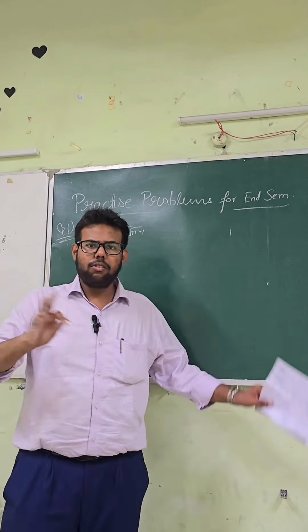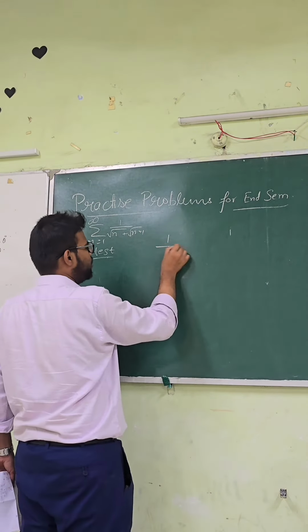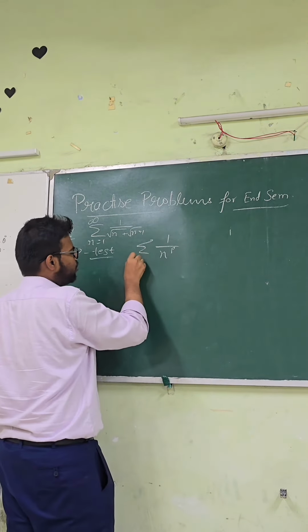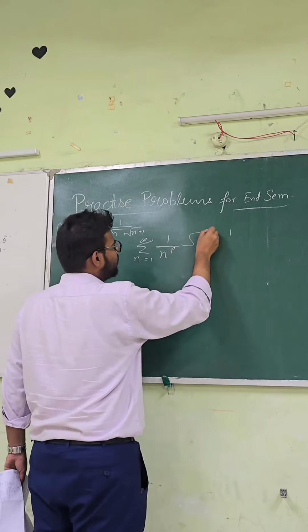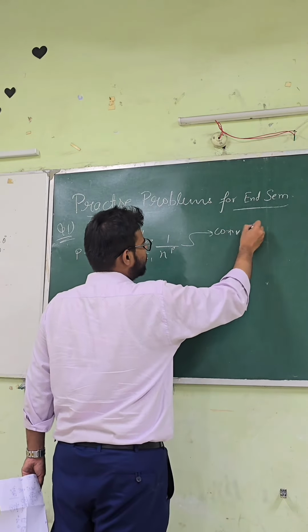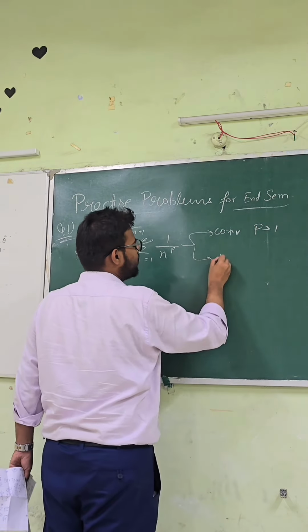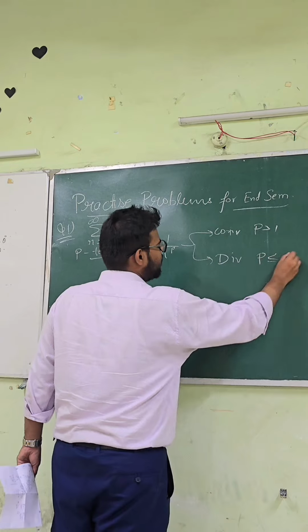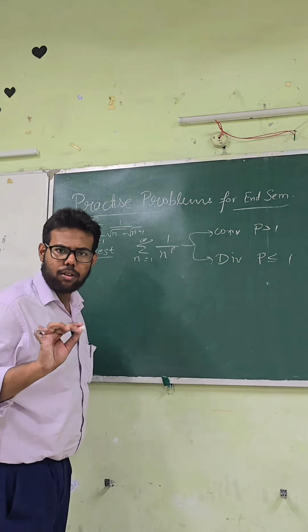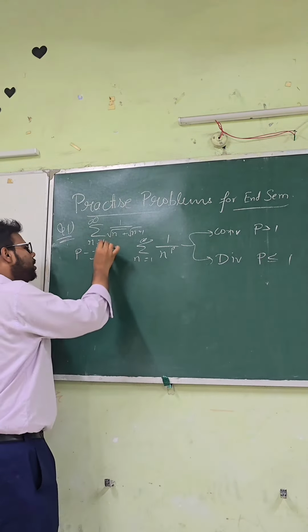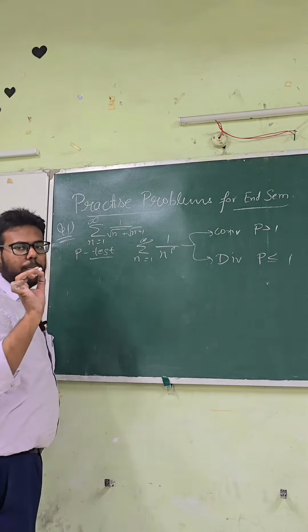How does the p-test go? You all know. For example, if we have the series of 1 upon n to the power p, as n goes from 1 to infinity, this is convergent if p is greater than 1 and divergent if p is less than or equal to 1. You all know. Notice how we assume the p.